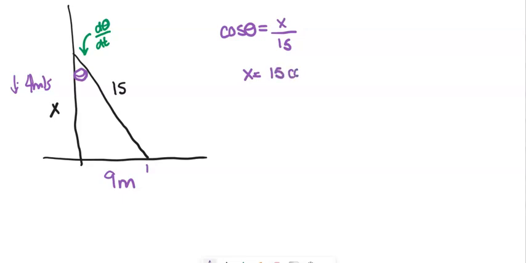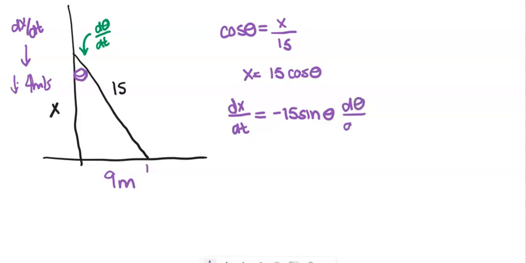So to rearrange that, the height against the wall is 15 cos theta. If I take the derivative of this, because I know this rate, I will end up with negative 15 sine theta, and then the derivative of theta, the rate of change of the angle.